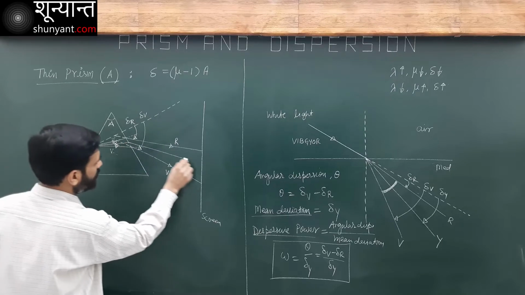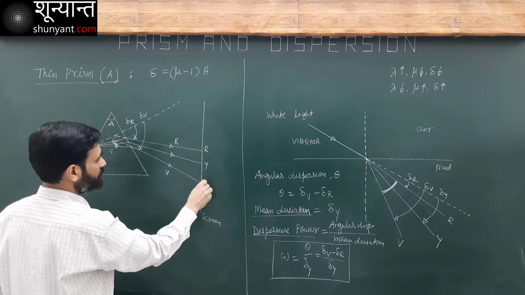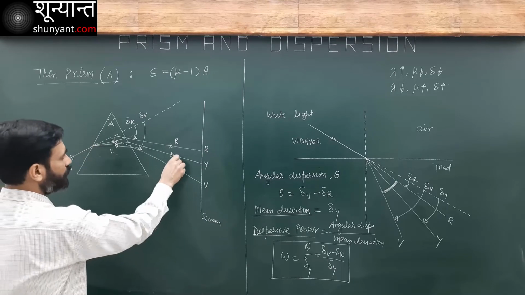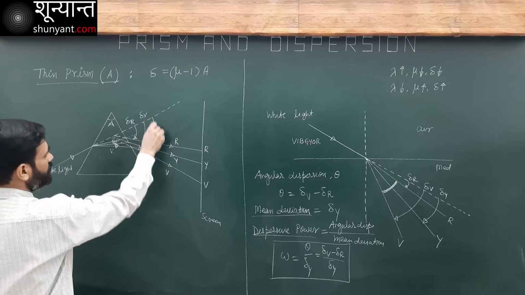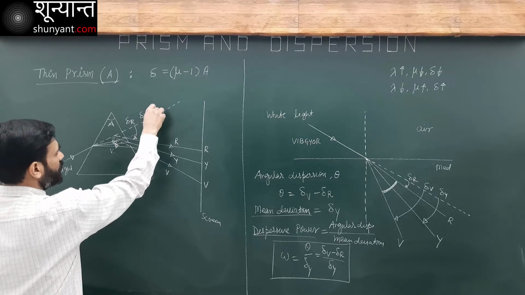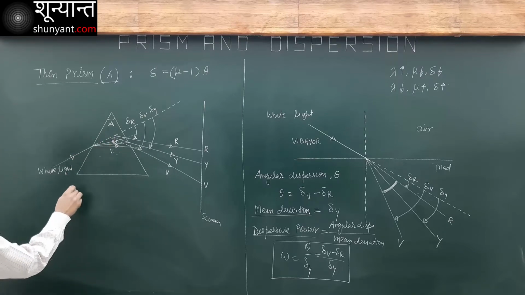Now, yellow will be somewhere in between here. This is red, this is yellow, and this is violet. Yellow is going to have some deviation like this. Now, if the angle is small, what is going to be delta?